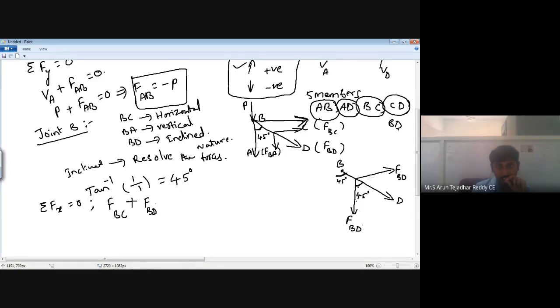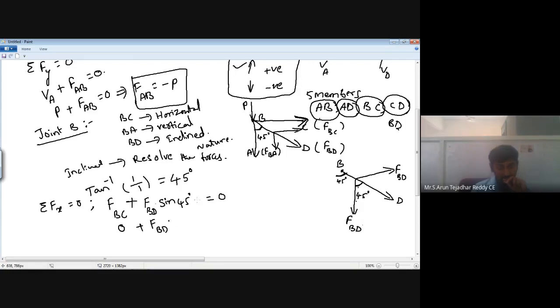Here we don't have the angle, so sin 45 degrees. Is there any other horizontal force? No, simply 0. And we have already calculated the FBC value, that we got 0, plus FBD as usual, because this is unknown.